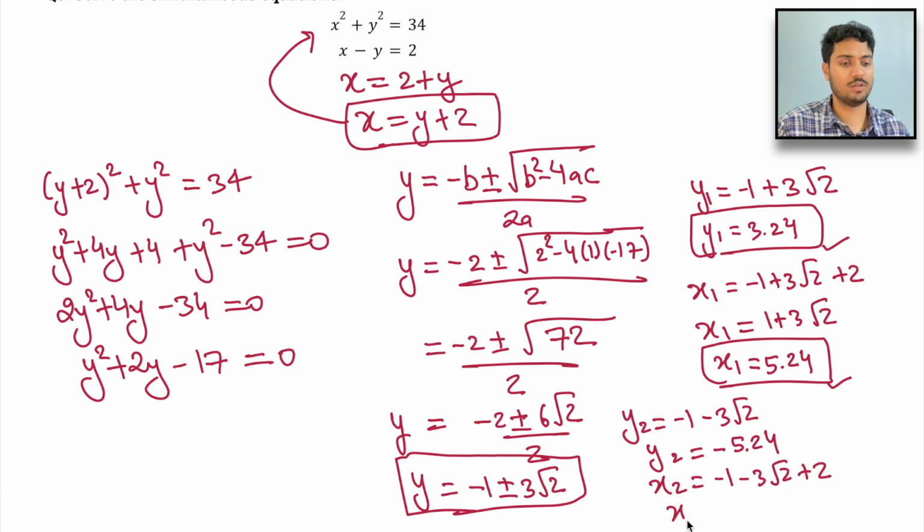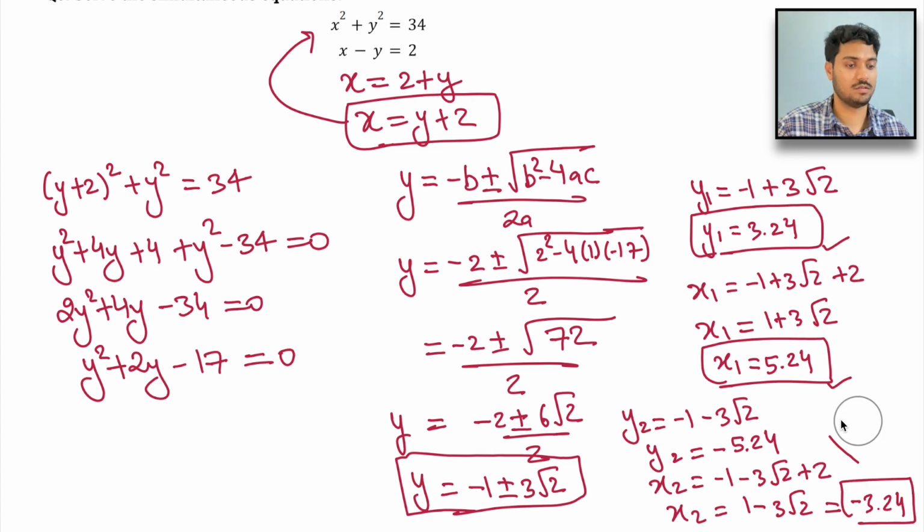So this x2 will become 1 minus 3 root 2. And in decimal, the value is 1 minus 3 root 2, which is minus 3.24. This is the answer.